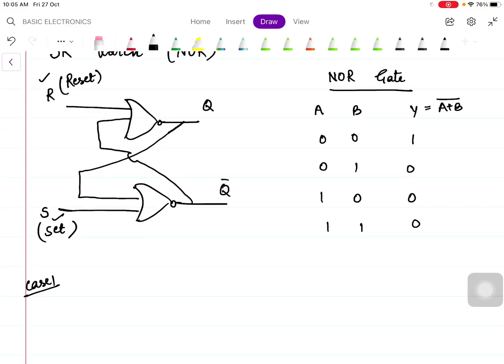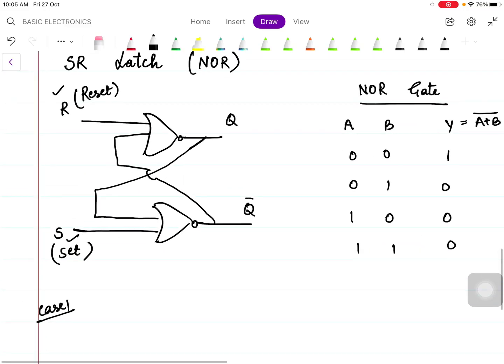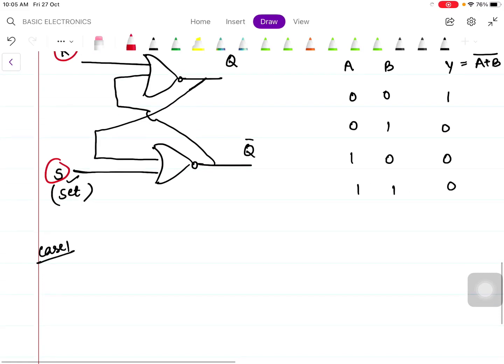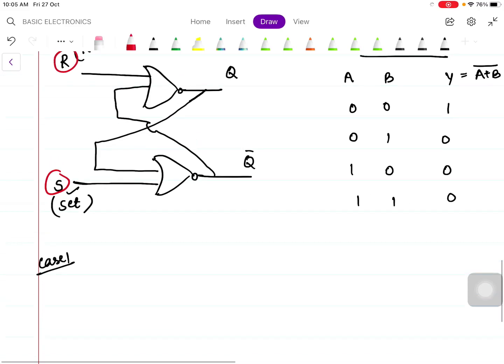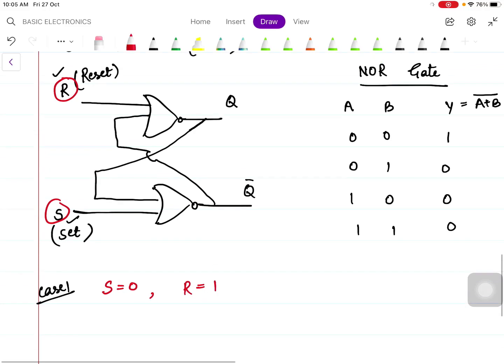Now the circuit of SR latch, as you can see, has two inputs, R and S. Let us take case 1, where we give some values of R and S. Let S equal 0 for the first case and R equal 1. Now let us understand the working.